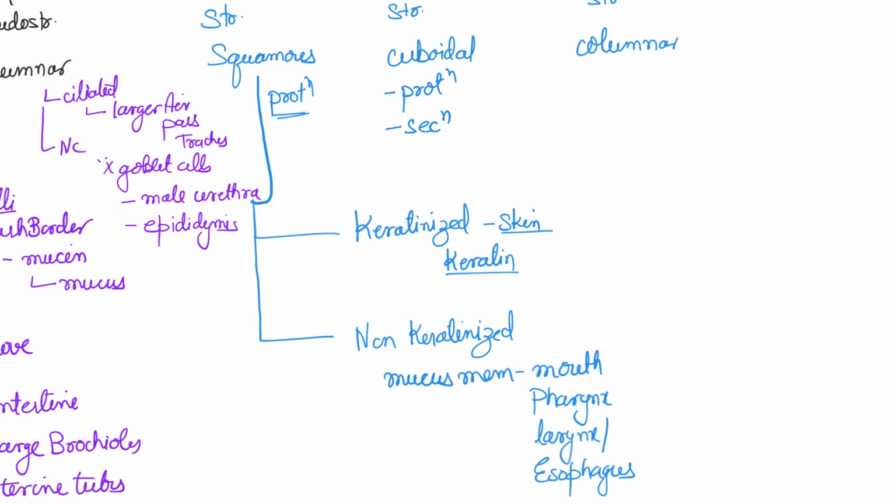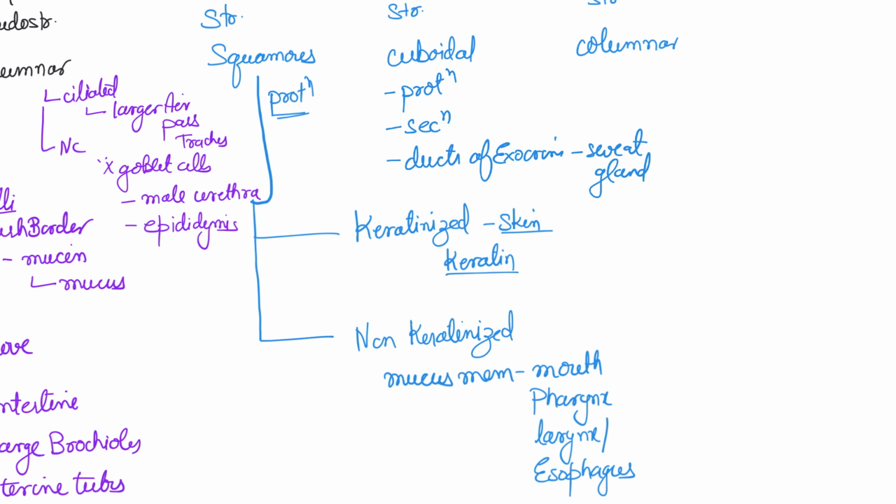Now, where will you find them? You'll find them in the ducts. Ducts are tubes of glands. So most exocrine glands, there you'll find these guys. Also, exocrine glands like sweat glands, right? So you'll find them there.